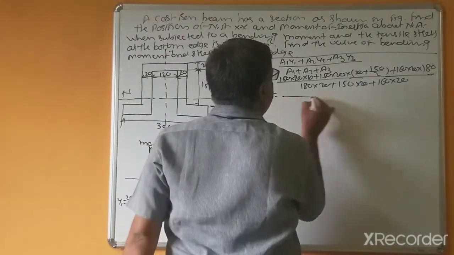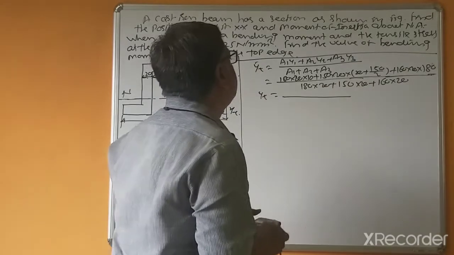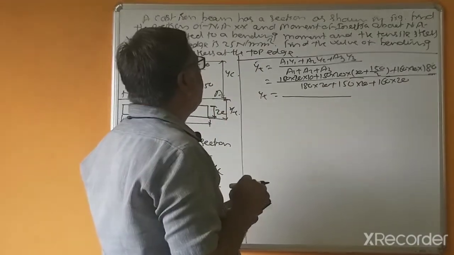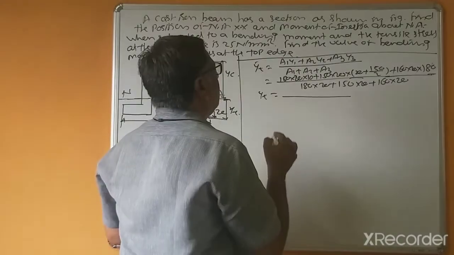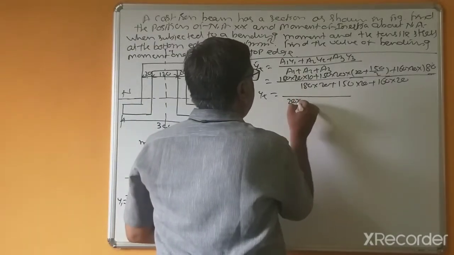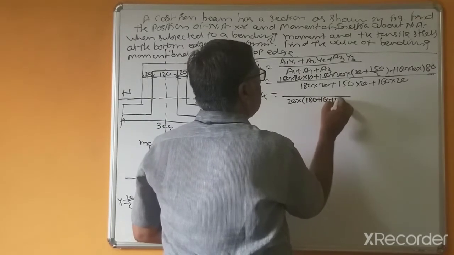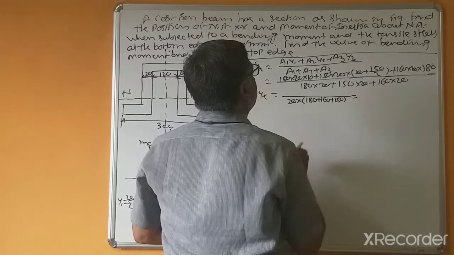So first we will calculate the bottom terms. We can take 20 common: 20 into (180 plus 160 plus 150).